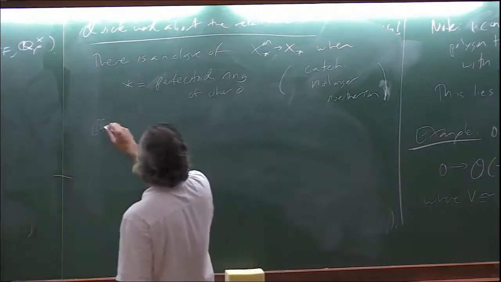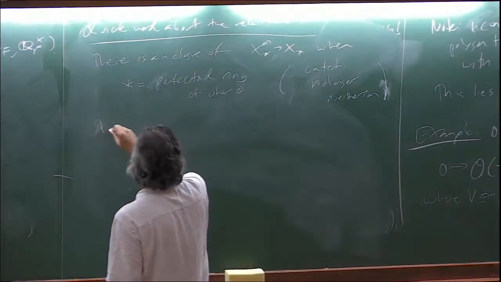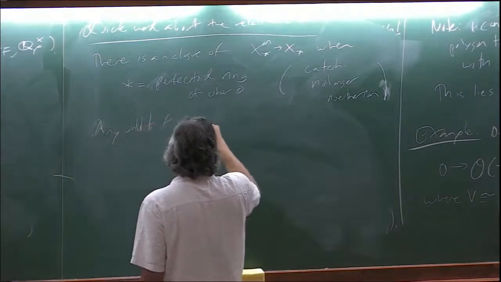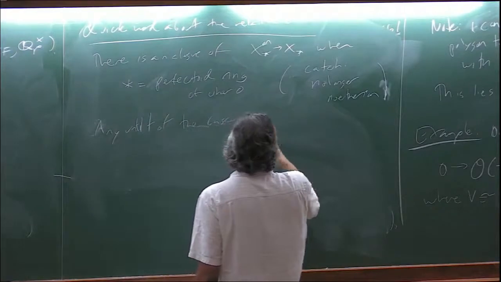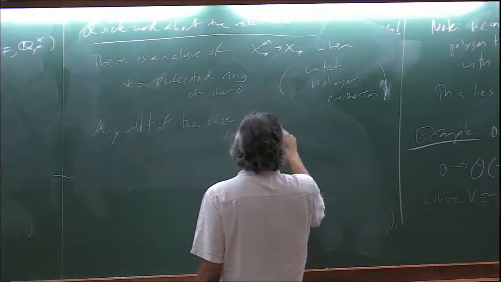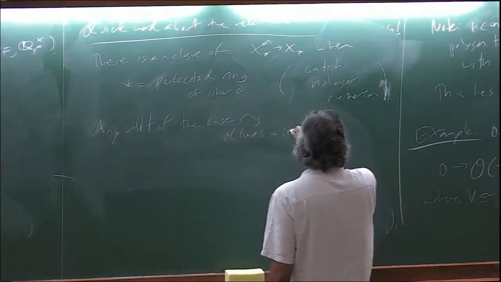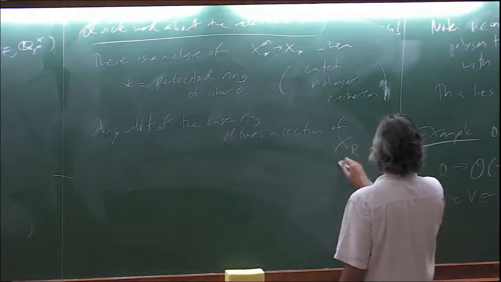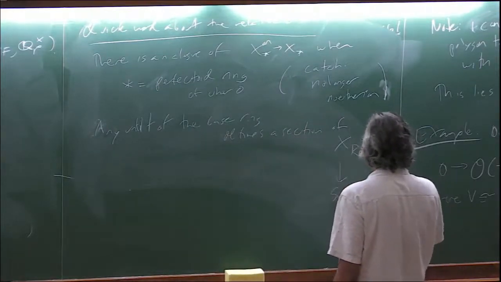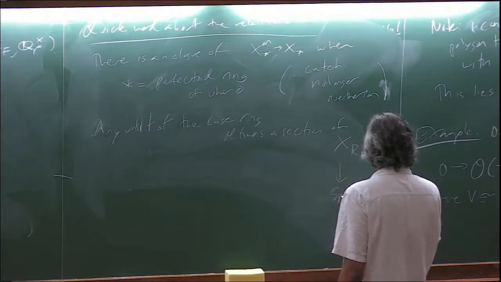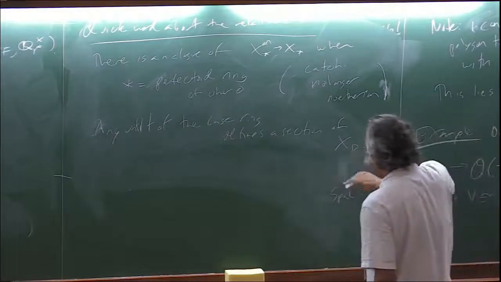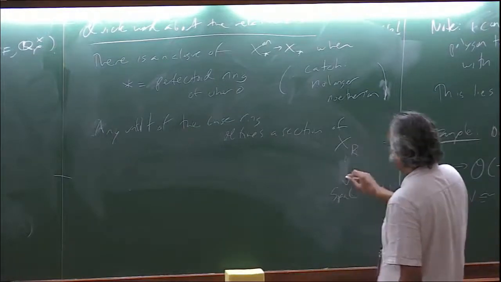So any untilt of the base ring defines a section. When you have, say, R as a perfectoid ring, so if you have a perfectoid pair here, you have a morphism, which I'm going to write with a dashed arrow.